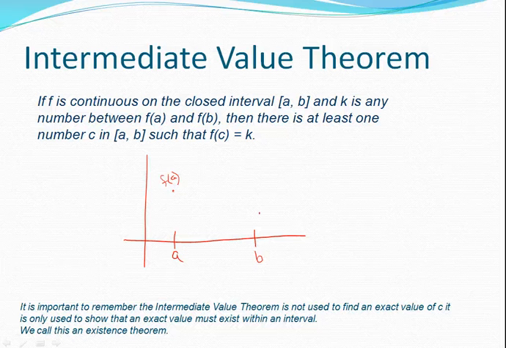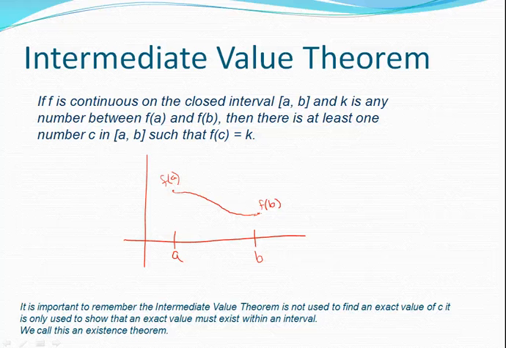And likewise, if I have an endpoint B, then I must have an f of B in my function. And if the function is continuous, then all values of x between A and B will provide me with a corresponding y value, making a continuous smooth curve between the values of A and B.